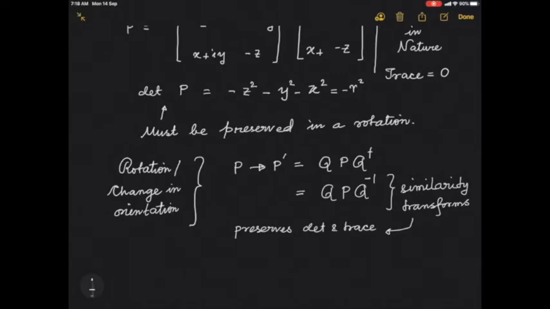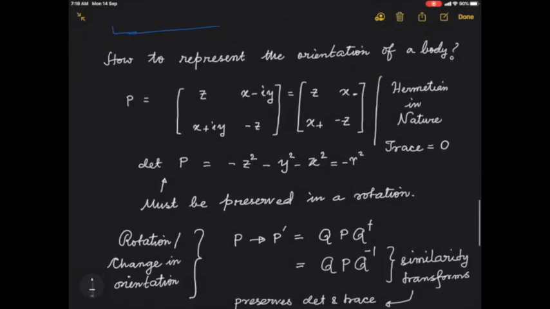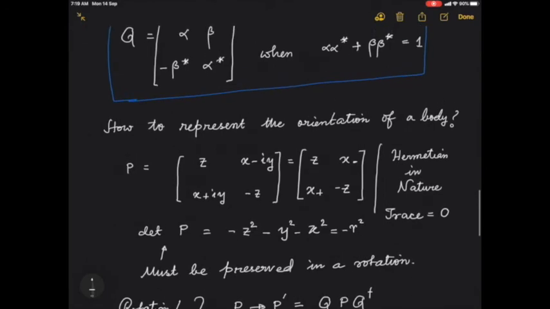So the trace of P will always be 0 and the determinant will be preserved as it is required by a rotation. Okay, so this is how I will have a change in the orientation of a rigid body. P will represent a particular orientation and Q will bring in the change.